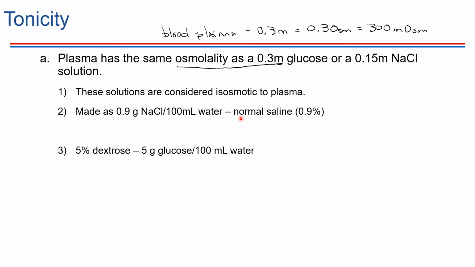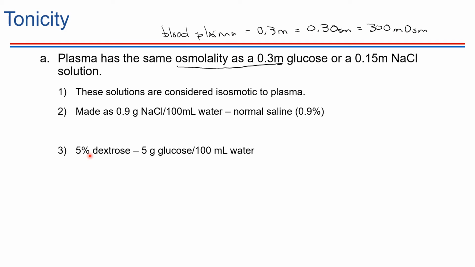Now, you've probably seen normal saline called 0.9%, and that's isoosmotic to the blood. When we put in normal saline, that's the concentration it's going to be. I would want you to derive and understand how we know that that's the same thing as 0.3 moles.